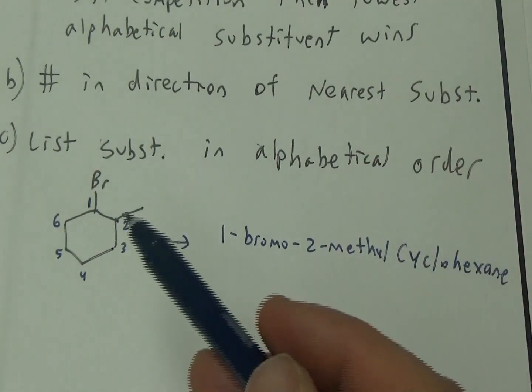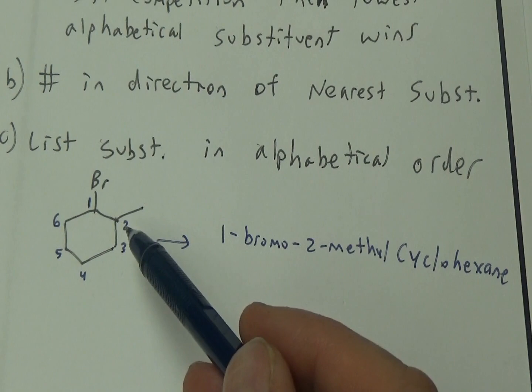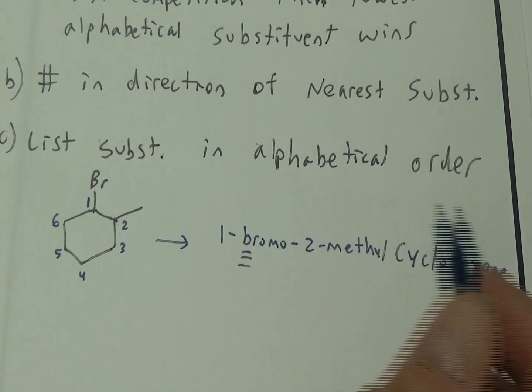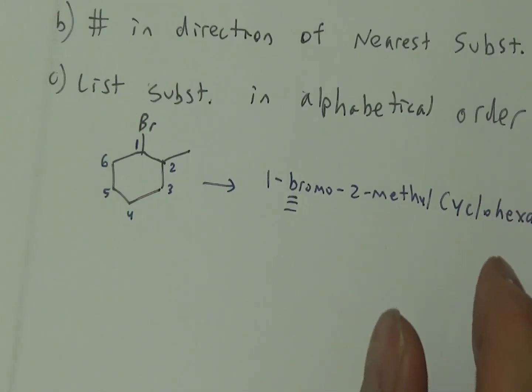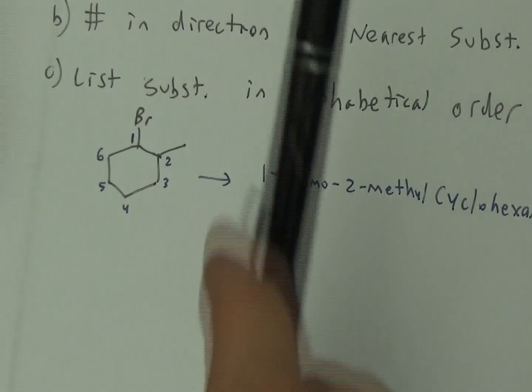We just use our alphabetization as the tiebreaker because there's two. You could do 1-methyl 2-bromo, but that's going to violate the rule that in a competition we use alphabetization to win the competition. Okay, let's do a more complicated one now.